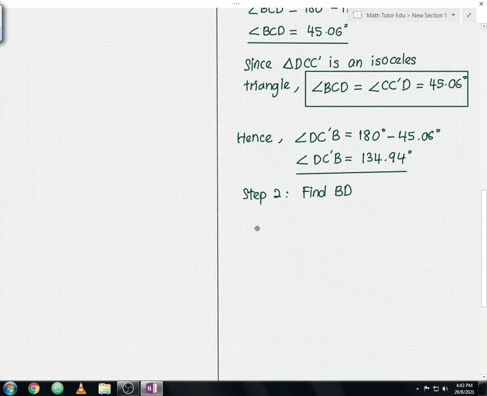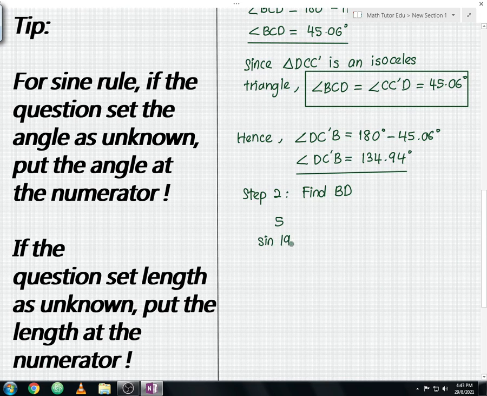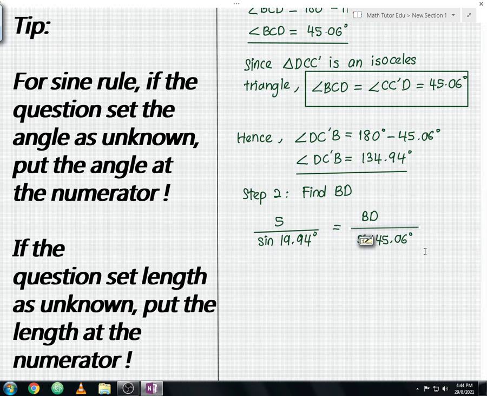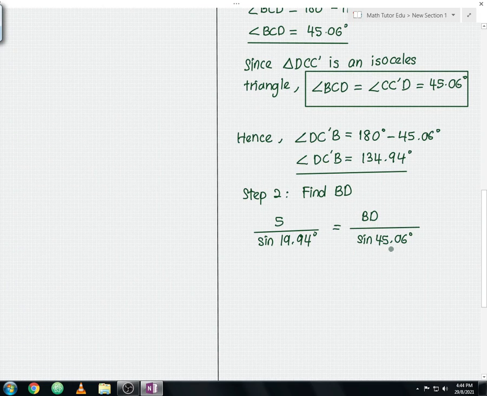Step 2, find BD by applying the sine rule. So 5 divided by sine 19.94 degrees will be equal to BD divided by sine 45.06 degrees. Let me underline the fraction. In order to find the length BD, 5 times sine 45.06 degrees divided by sine 19.94.